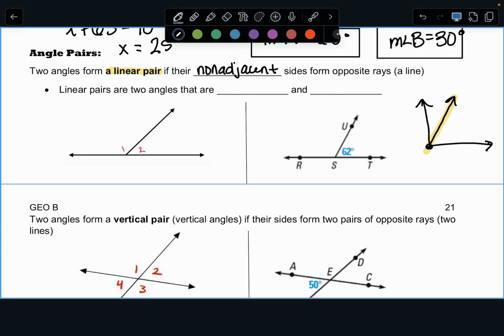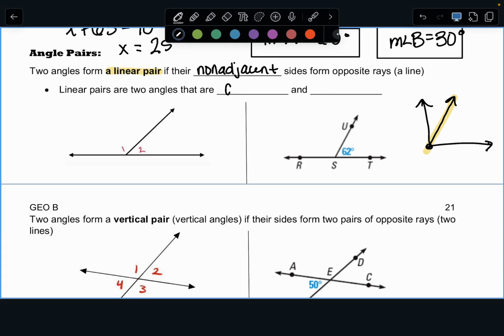So for a linear pair, you have a line, and you have two angles created from it with a side being shared. So angle 1 and angle 2 are a linear pair. If you use your arms, you have a line with something like this going through it. Okay?